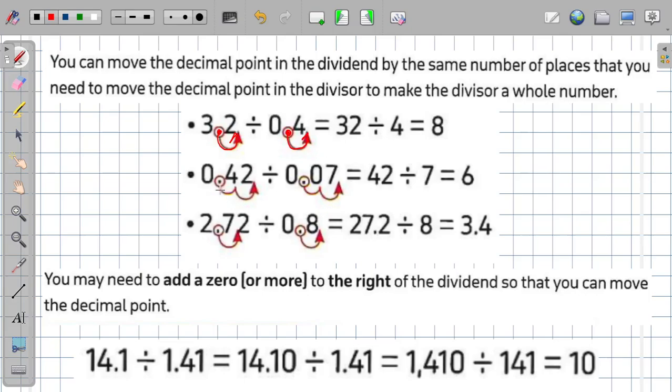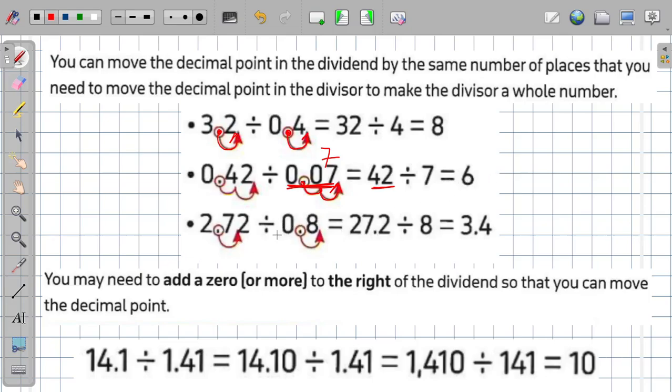Here in this example, I will move the decimal point two places in the divisor because I have 0.07. So I want to make it 7. Okay, so I will move two places. So I will move the decimal point two places in the dividend. So it will be 42. So 42 divided by 7 equals 6.